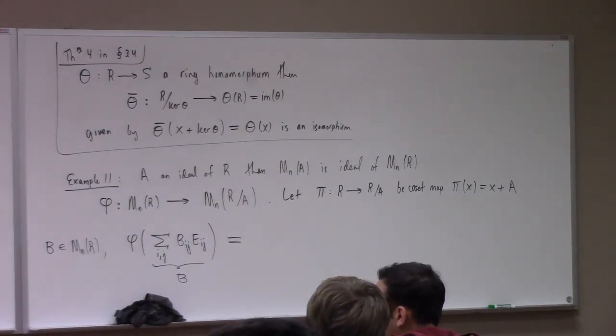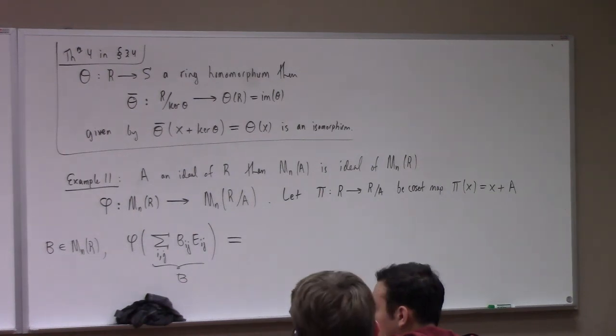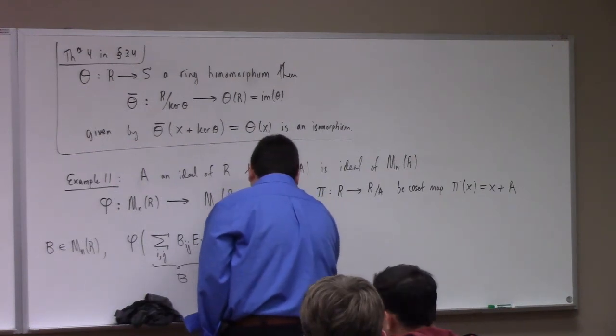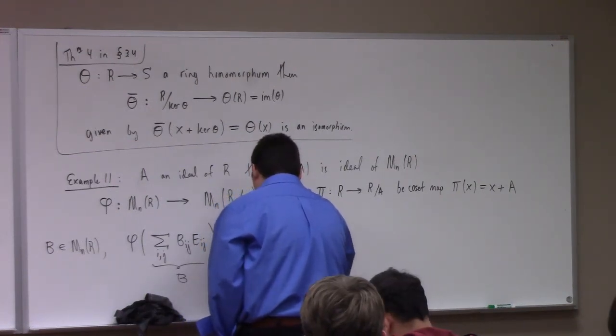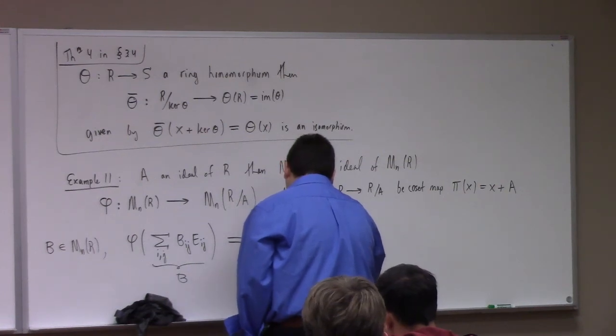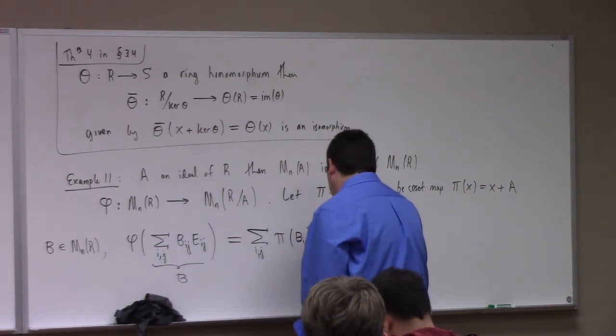Yeah, exactly that. All you do is map the coefficients to their corresponding cosets, and you leave the Eij well enough alone.